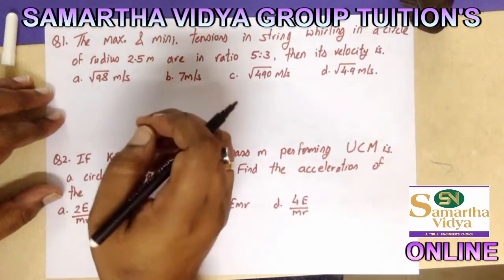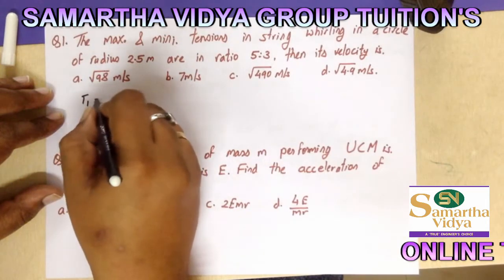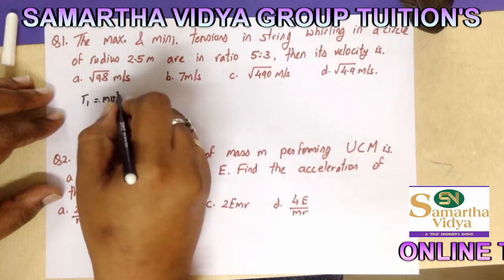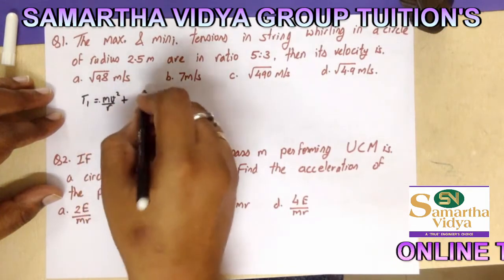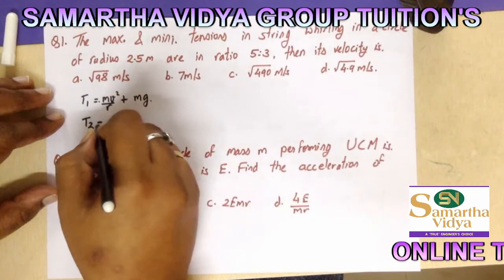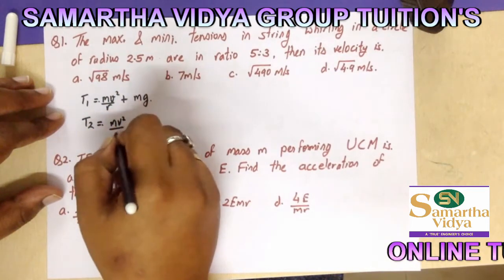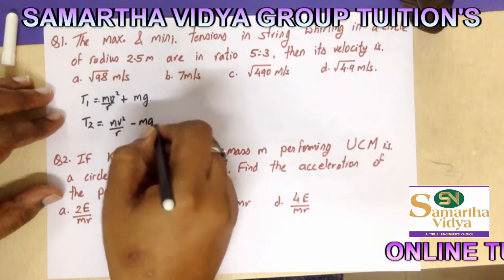We know that the maximum tension which this string can have is given by T1 equal to mv square by r plus mg, and the minimum tension which it can have is mv square by r minus mg.